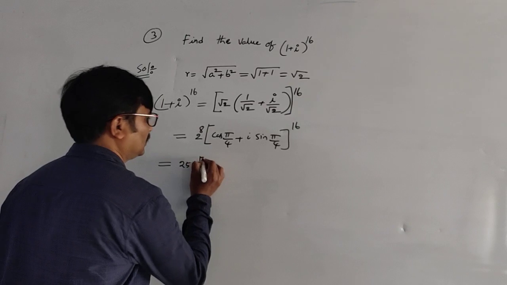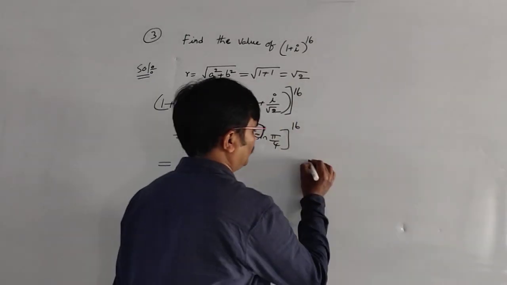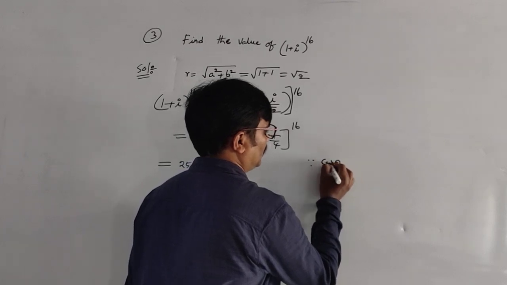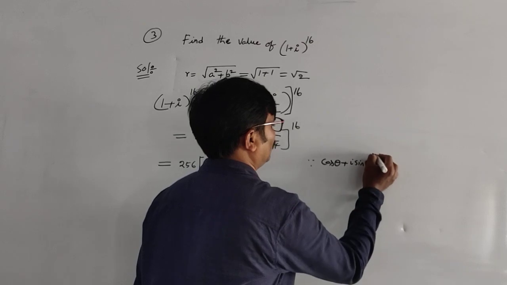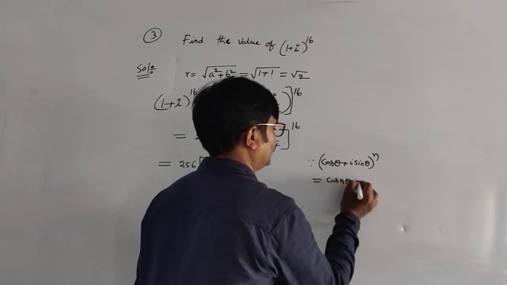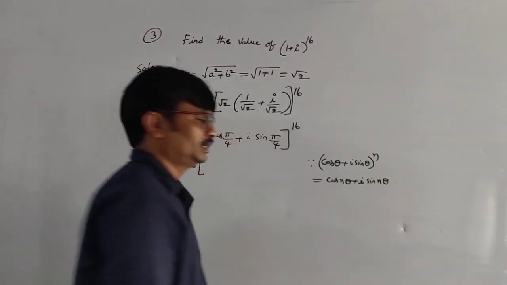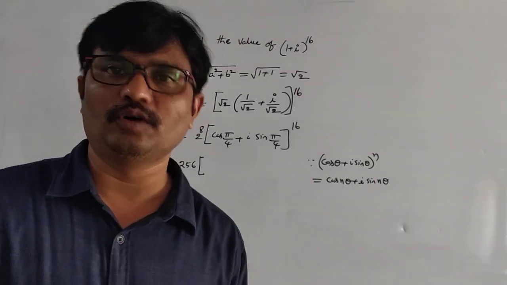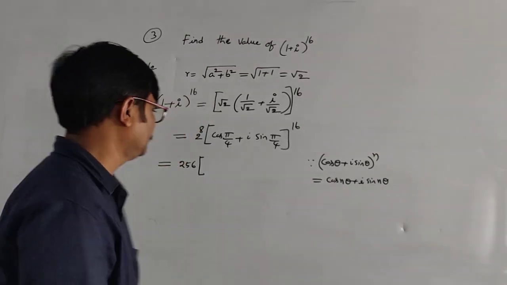After that students, from De Moivre's theorem, cos theta plus I sin theta whole power n is cos n theta plus I sin n theta.